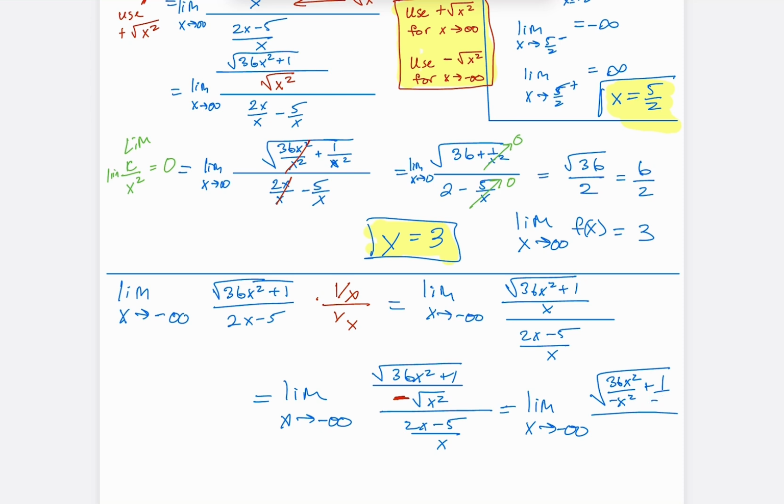Whoops. In the denominator, I get 2x. That denominator doesn't change. 2x over x minus 5 over x.